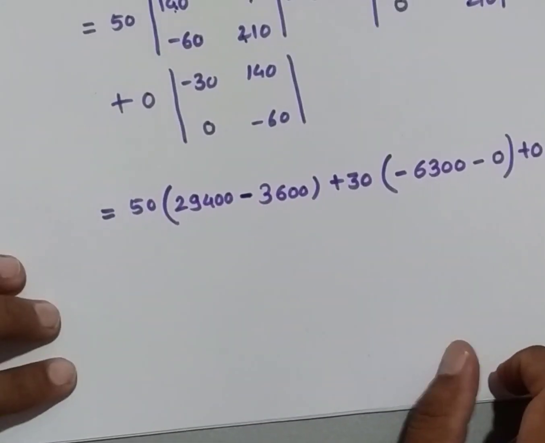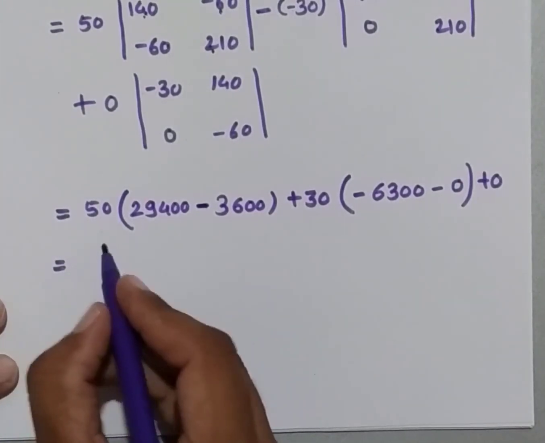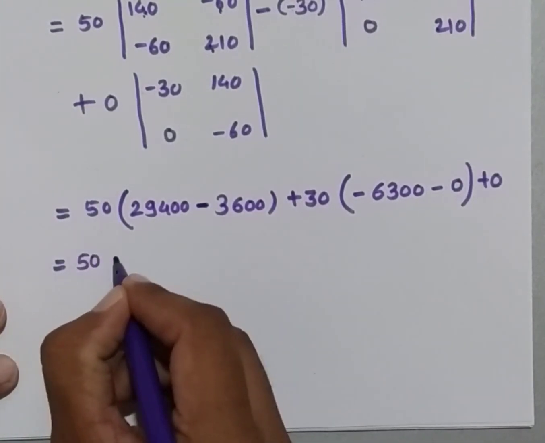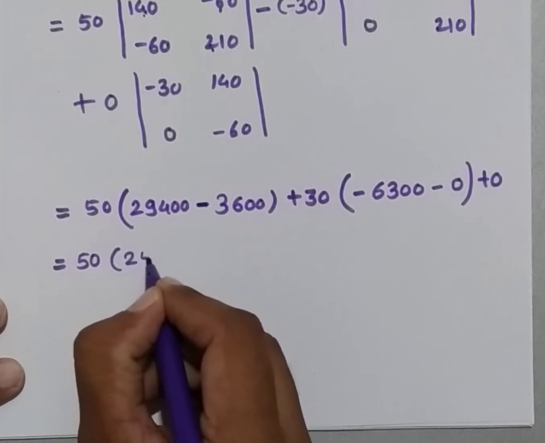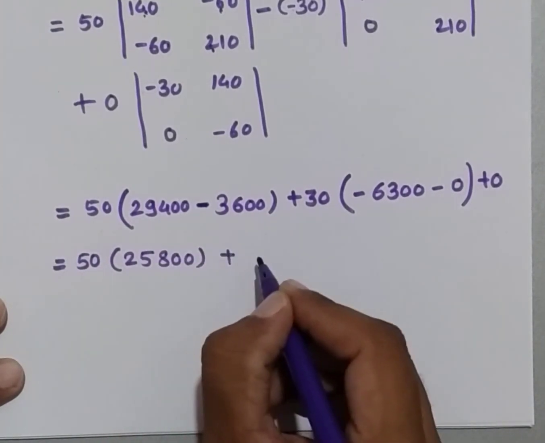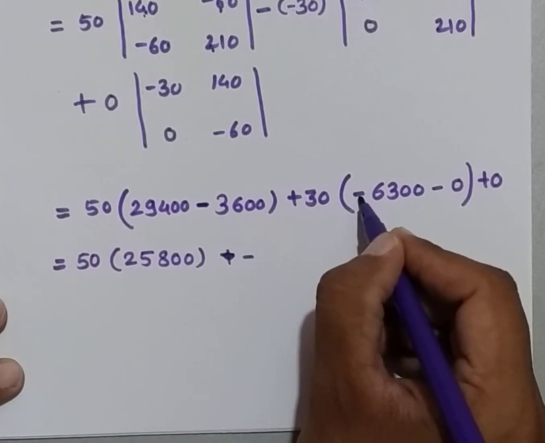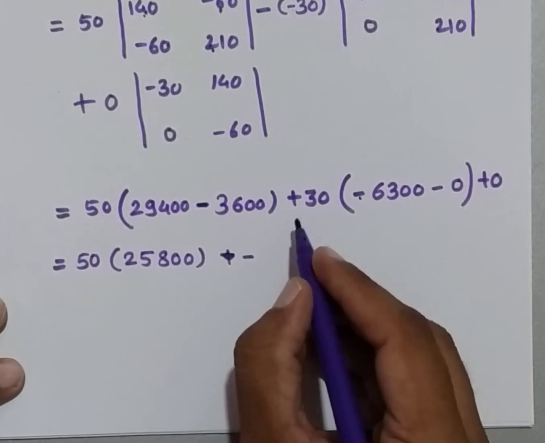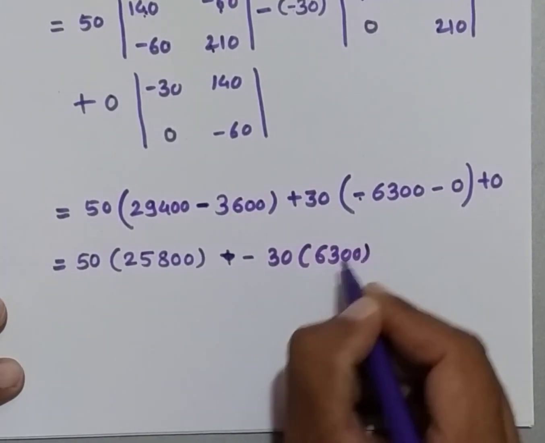Now simplify the values and find the total value. That is 50 into, now my subtraction results as 25800, plus, it is going to become minus, because we have taken this minus sign outside of this bracket, so 30 into 6300.